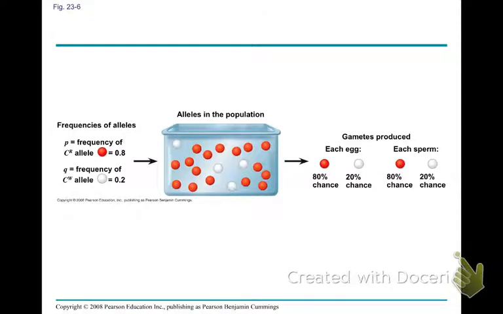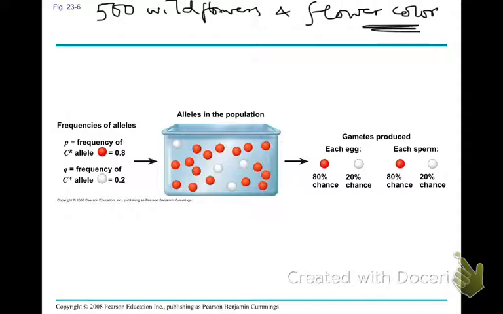Okay, so now I'm going to talk about an example of 500 wildflowers and flower color. The gene for flower color. 500 wildflowers. So, for the gene for flower color, I have 320 red flowers.